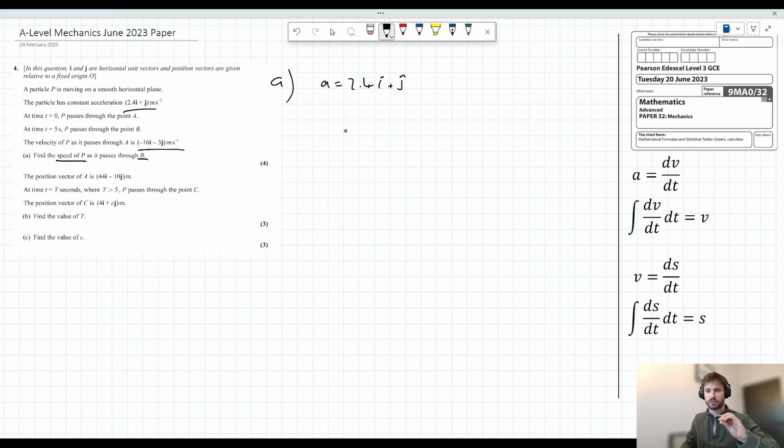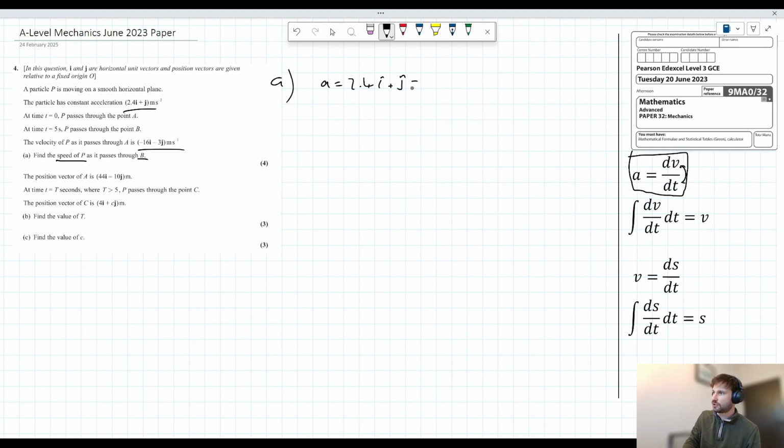If you want to bridge the gap between acceleration and velocity, we can note this idea here where we say that acceleration is just the time derivative of velocity, which makes sense, right? If you want to describe acceleration to someone, you might say acceleration is the change in velocity over the change in time, which is exactly what we have here, right?